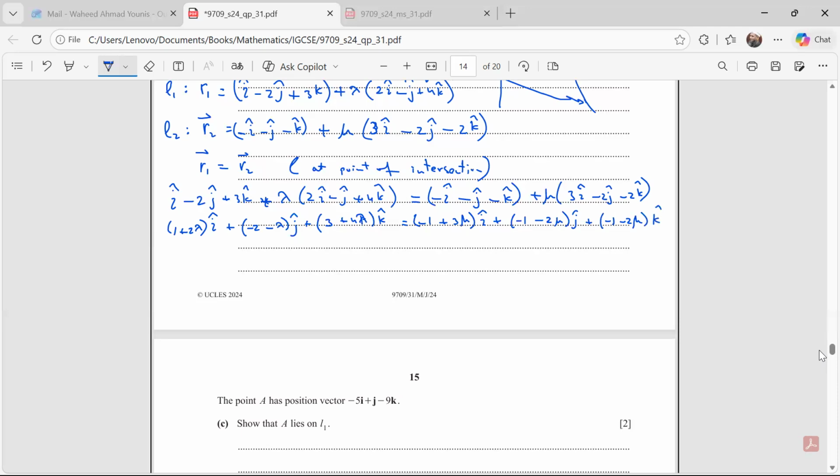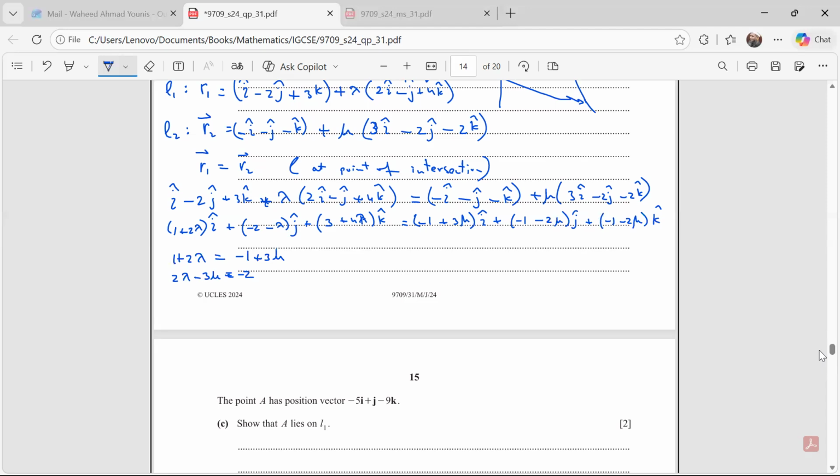Okay, so if these two are equal, 1 plus 2 lambda must be equal to minus 1 plus 3 mu. The coefficient of i must be equal. So from here you can see that 2 lambda minus 3 mu is equal to minus 2.